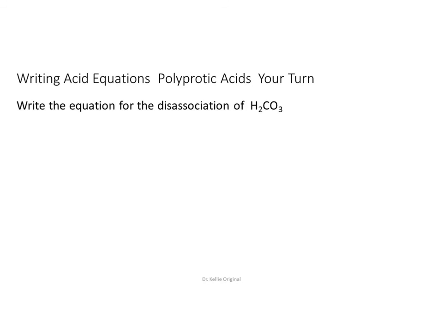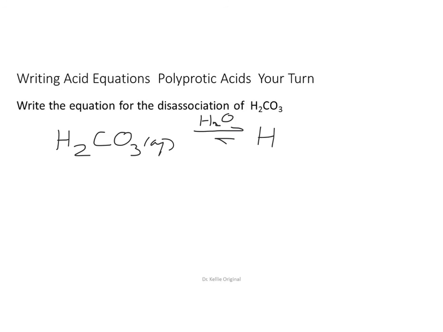All right, polyprotic acids, your turn. Write the dissociation reaction for carbonic acid. All right, hopefully you paused me and wrote this. You treat a polyprotic acid like you would a typical acid. Carbonic acid isn't one of your acids you've memorized, therefore it's a weak acid, so it gets a double-headed arrow with water on top of it.